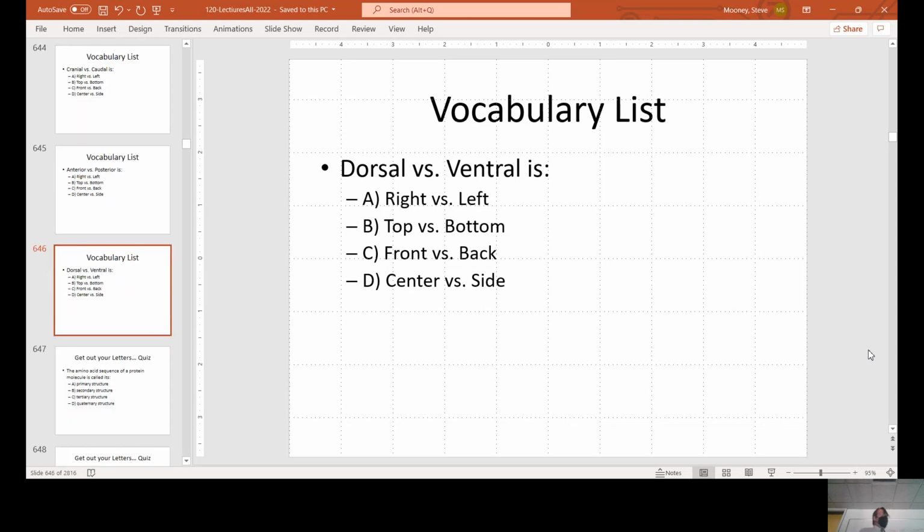Dorsal versus ventral. B is probably the best answer there.